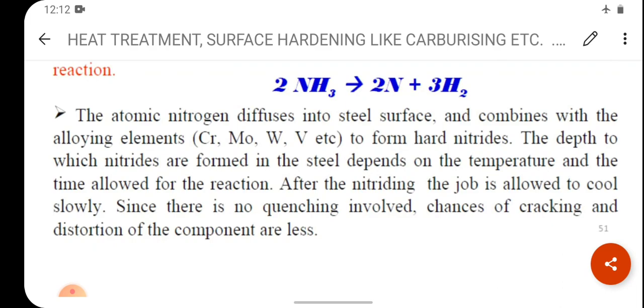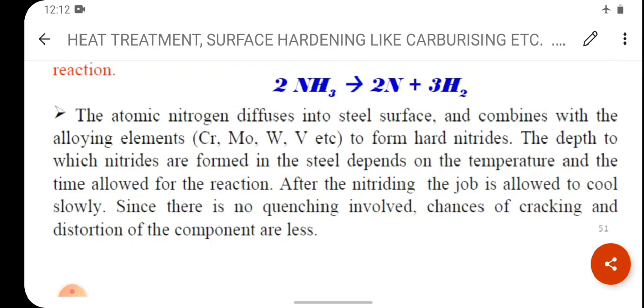The depth to which nitrides are formed in the steel depends on the temperature and the time allowed for the reactions. The depth, किस डेप्थ तक nitrides are formed in the steel, किस डेप्थ तक बनेगा, it depends on the temperature and the time allowed for the reaction. कितना टाइम हमने अलाउ किया रिएक्शन के लिए.